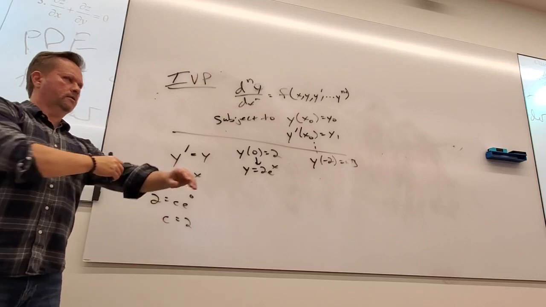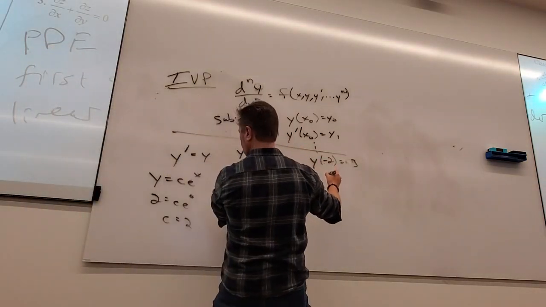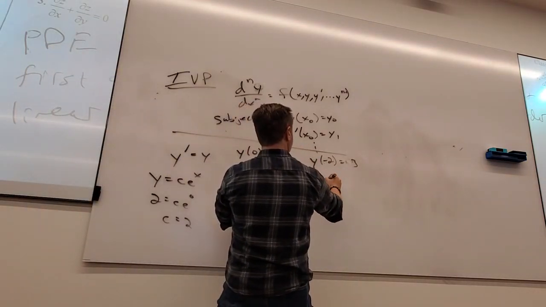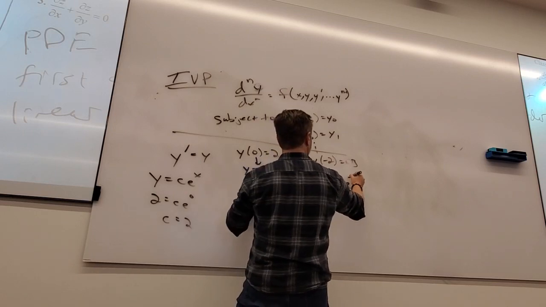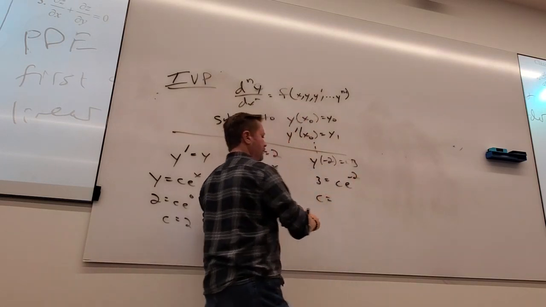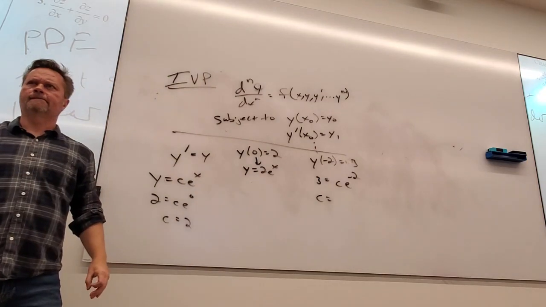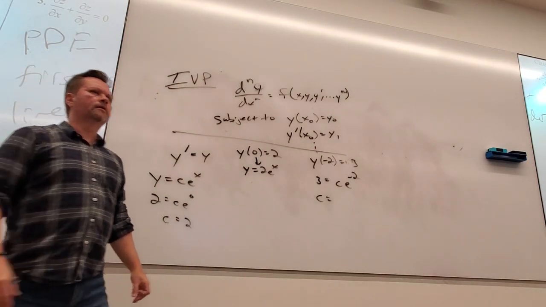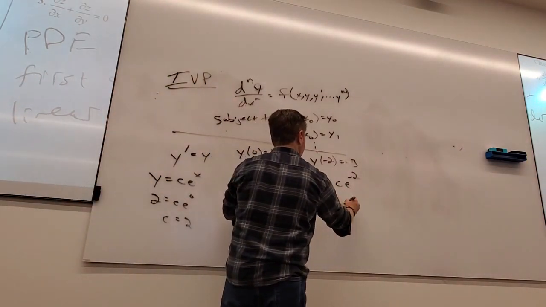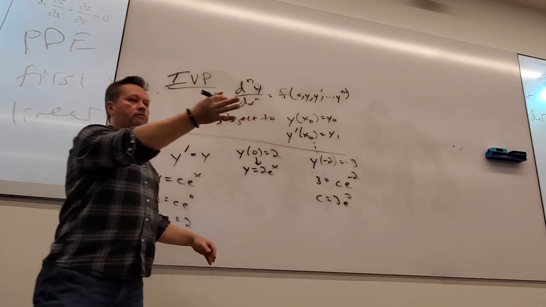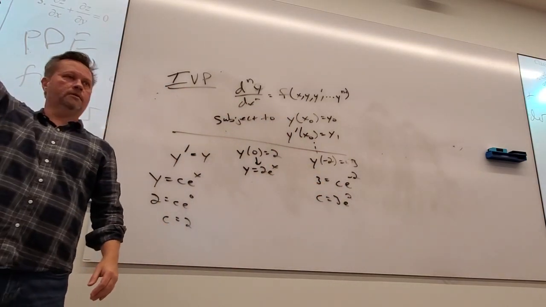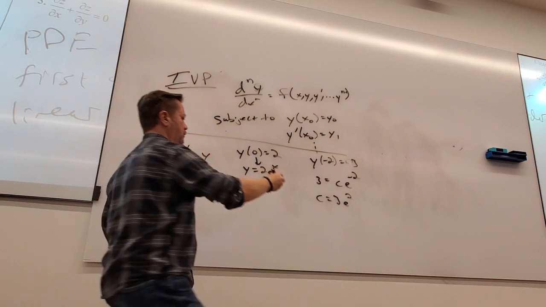Same idea, right? So now it's going to be 3 equals c e to the negative 2. So what's c equal to? 3e squared. I love it. So you could make it 3 over e to the negative 2, and then it flips up. Right? So then what's the solution?